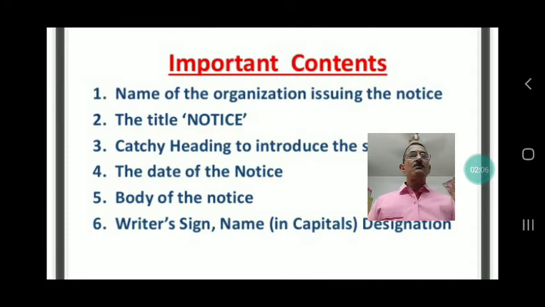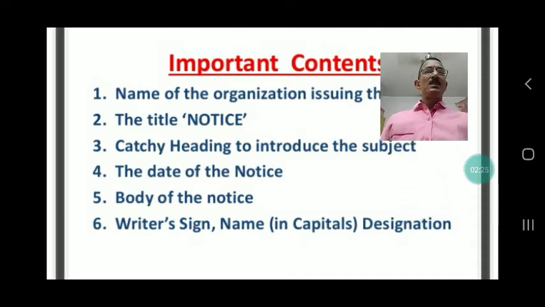What are the important contents? First of all, the name of the organization issuing the notice must be written. The title word "Notice" should be mentioned imperatively. Moreover, a catchy heading to introduce the subject.